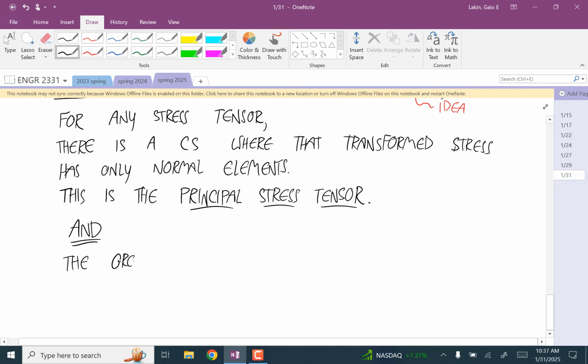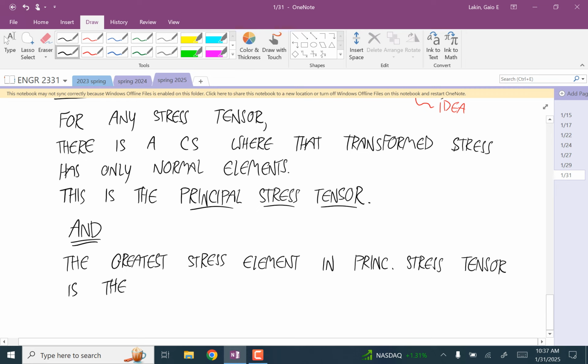The greatest stress element in the principal stress tensor is the greatest stress element for any coordinate system.